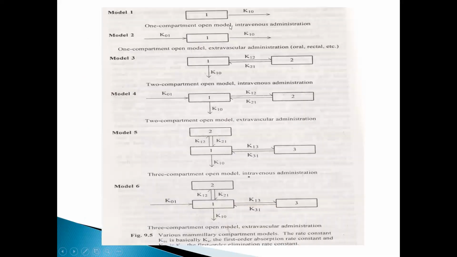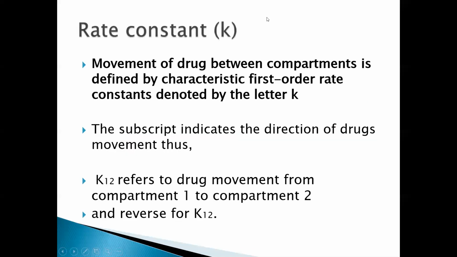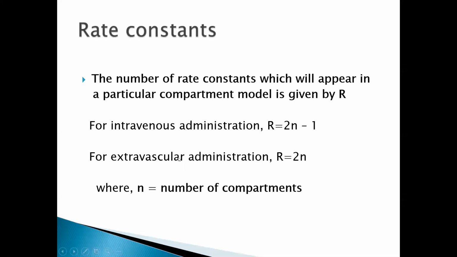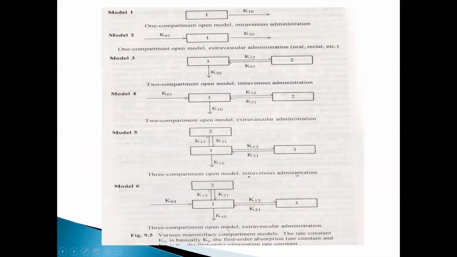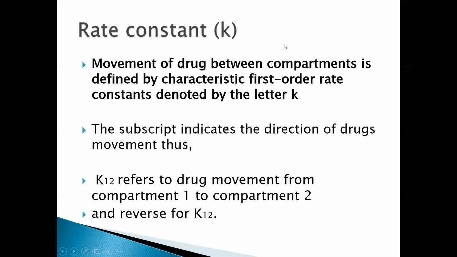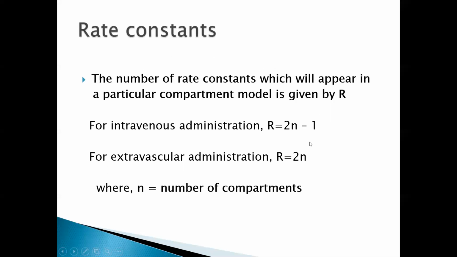As you have seen in this picture, this first model has only one compartment and only one rate constant. Similarly, in case of extravascular administration, suppose there is one compartment, there will be 2 rate constants, K01 and K10. And if there are two compartments, naturally there will be four rate constants.